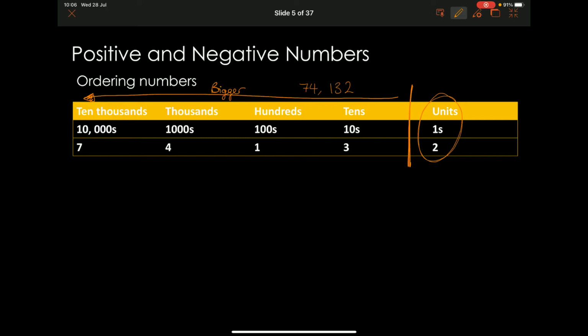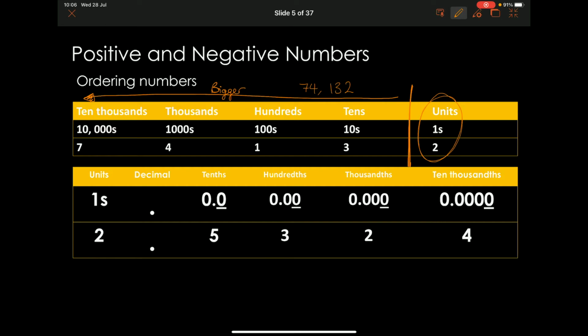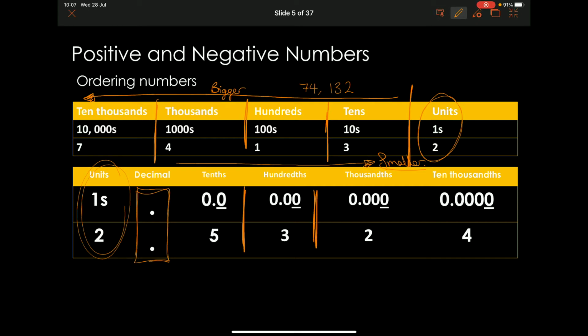Now, if I inserted a decimal point, so I've done another chart here, all right, still got the same units, okay, but this time I've introduced a decimal point after that, and anything after the decimal point going that way decreases in value, it gets smaller, okay? So anything before the decimal increases as we go up in place value, and anything after the decimal point decreases in place value. All right, it's really important to remember that.